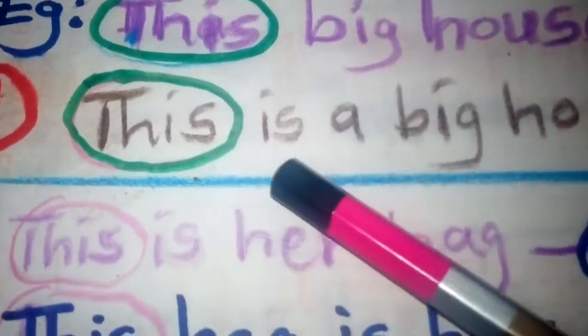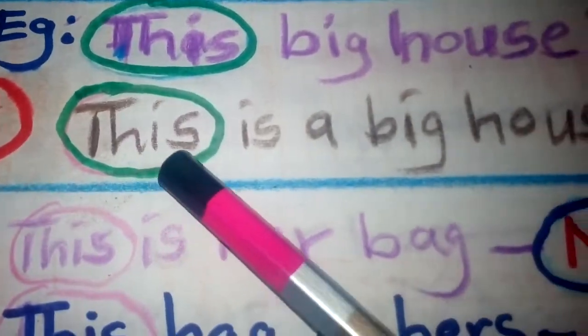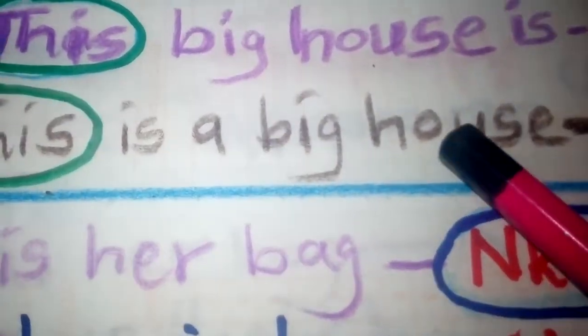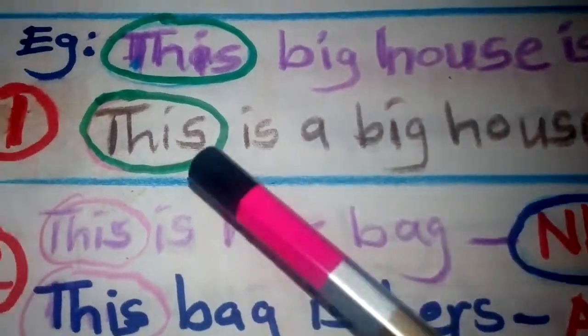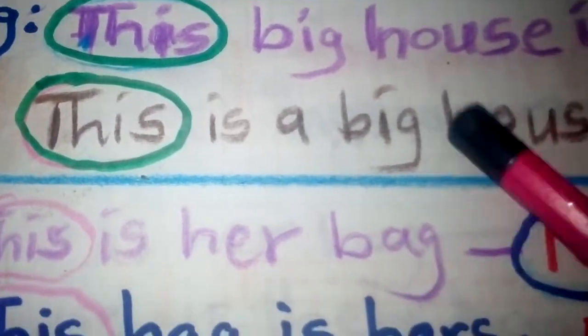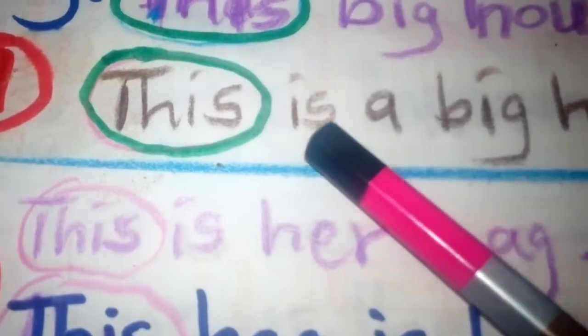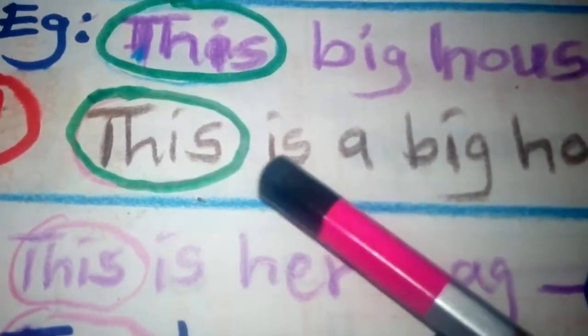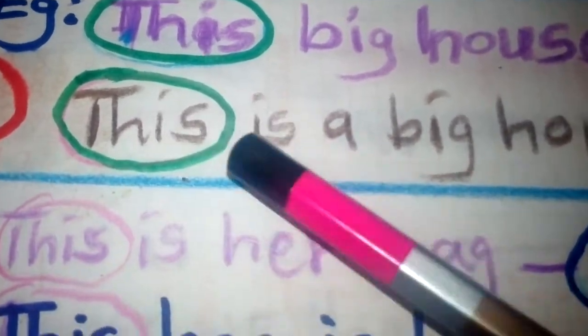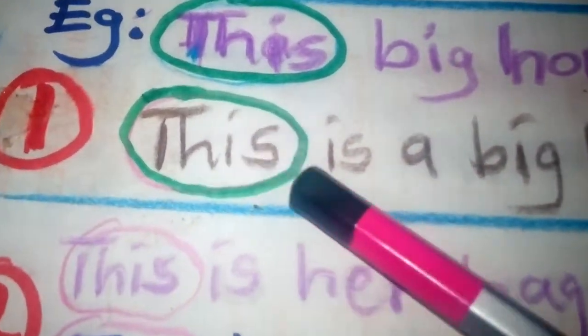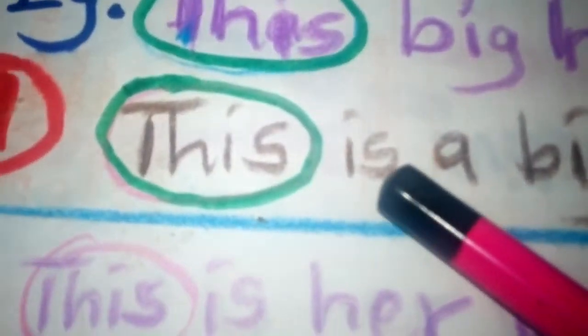So when there is a link there, like here, this is a demonstrative pronoun. This is a big house. It's a demonstrative pronoun. Why? Because there is a linking verb here, and this linking verb is is.